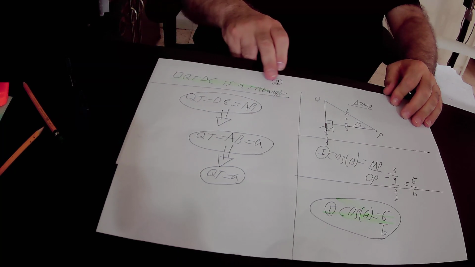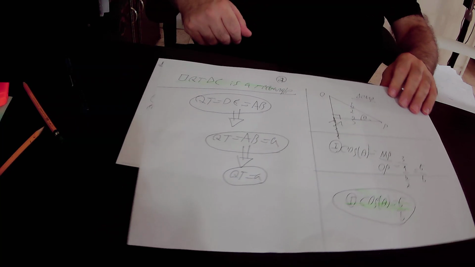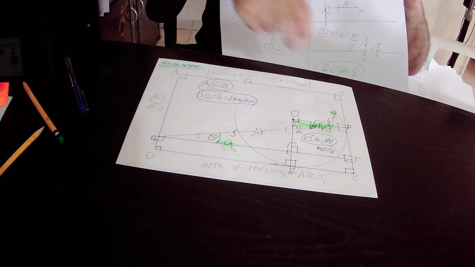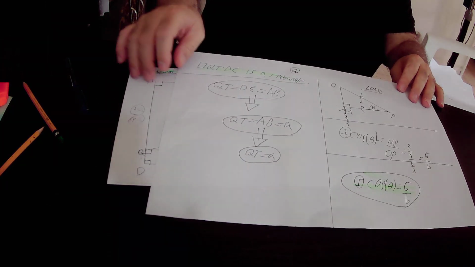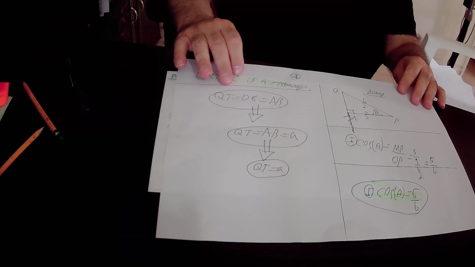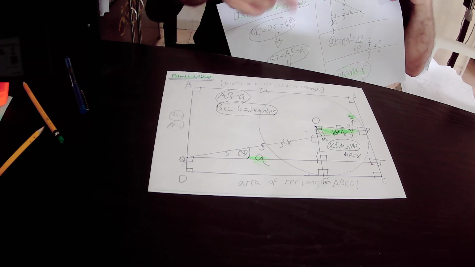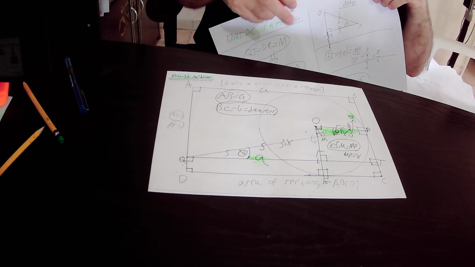Quadrilateral QT DC is a rectangle, and we know that the opposite sides of a rectangle are equal to each other. That is to say, QT equals DC. But ABCD is a rectangle, and the opposite sides of rectangle ABCD are equal to each other.